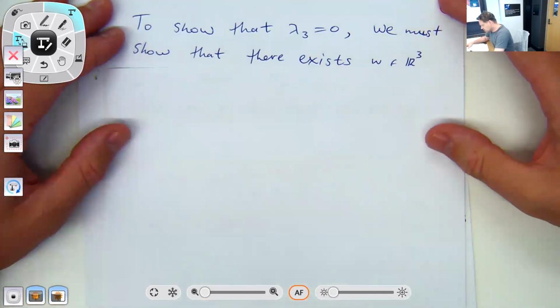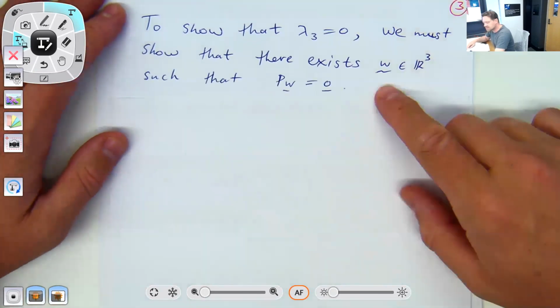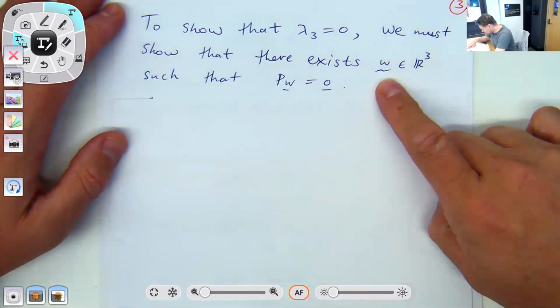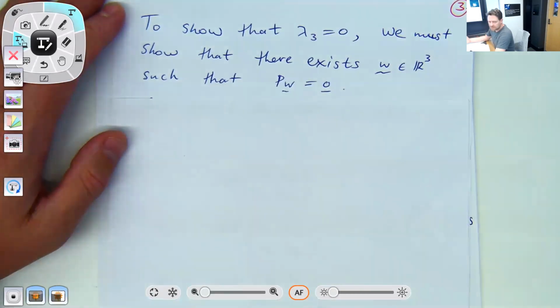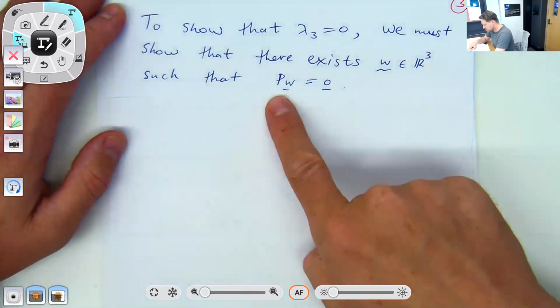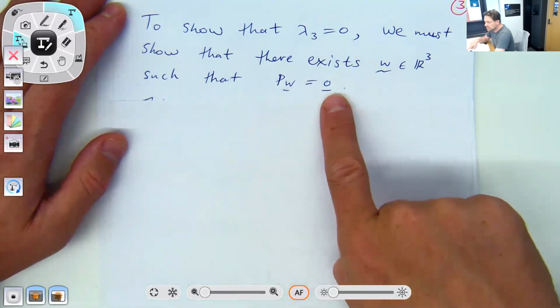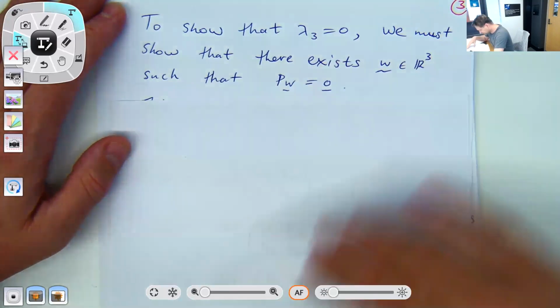Okay, so to show that the third one is 0, what we need to do is show that there exists a column matrix W in R3, the entries are real, such that this projection matrix P times W is the 0 vector.